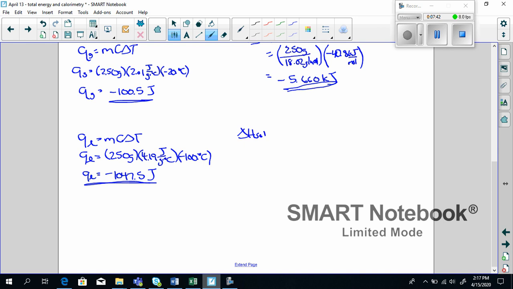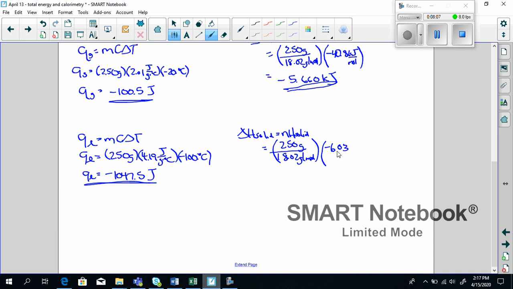And the last step is delta H solidification. And we need to include this because we are converting from a liquid to a solid. So n value is our mass divided by our molar mass. So 2.5 grams divided by 18.02. And our H value is going to be negative because it's an exothermic phase change. It'll be the opposite of fusion.